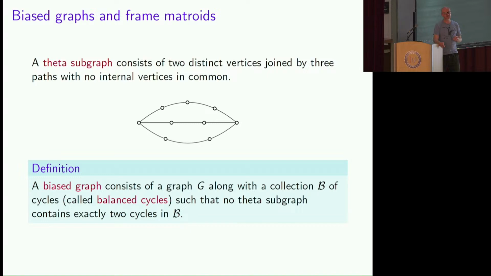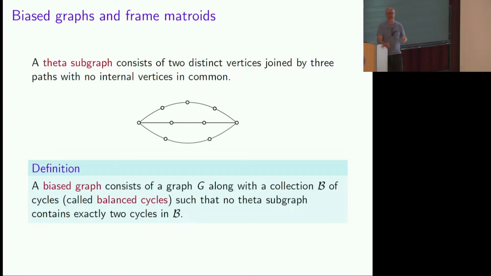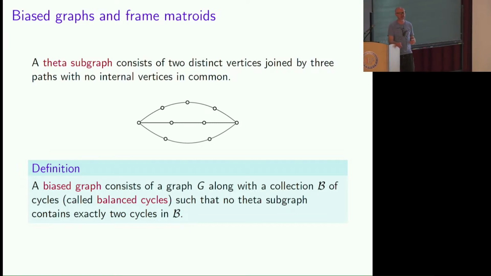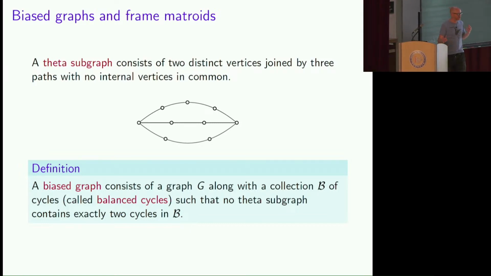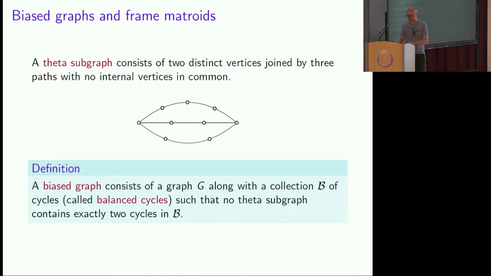The collection of balanced cycles can be almost arbitrary, but there is one rule. I insist that in any theta subgraph, I am not allowed precisely two balanced cycles. So I look at any theta subgraph, I am allowed 0 balanced cycles, or 1 or 3, but not 2. That's the only requirement to have a biased graph. A biased graph consists of a graph along with a collection of balanced cycles satisfying that requirement.